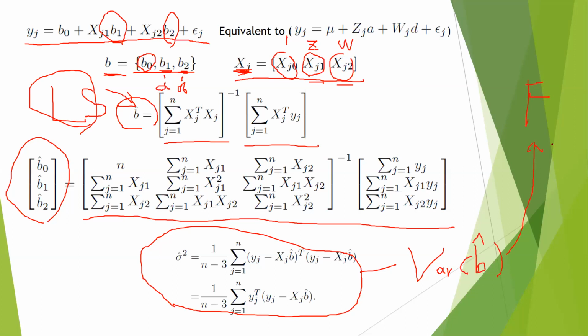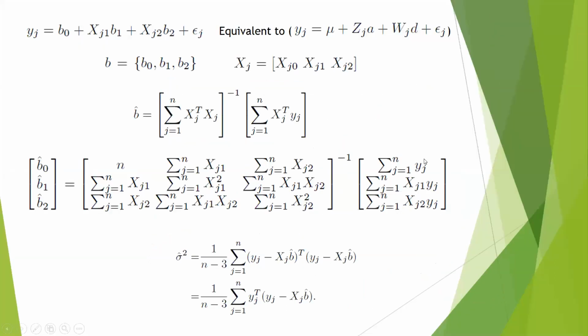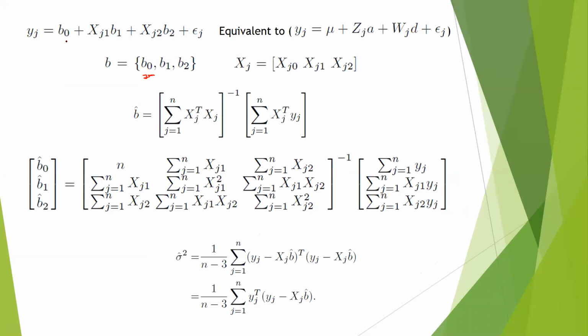Very good. Yeah, go ahead. Question: what is B naught again? Sure. Here, this is equivalent to mu, the midpoint, the intercept. Okay. So this is the common way we write a regression model, but actually it is equivalent to this, right?